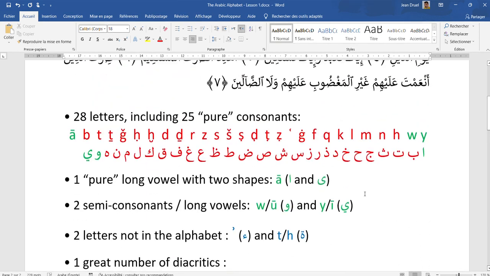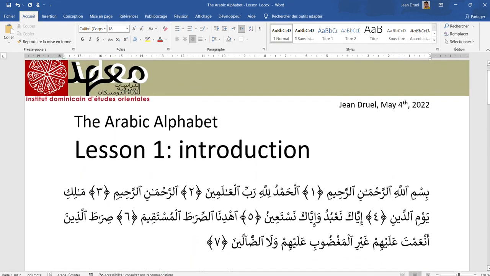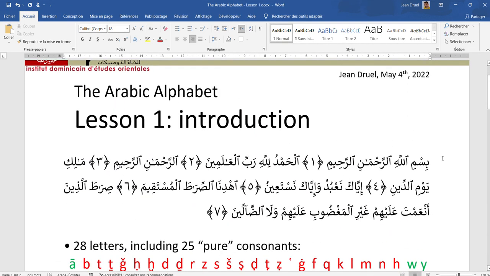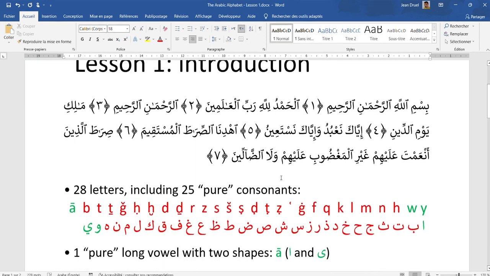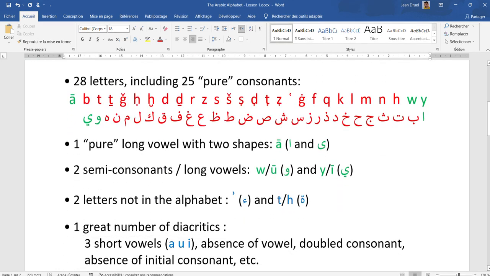So today we had a general introduction to the alphabet. It's written from right to left. Letters are connected, words are connected. We have in the official alphabet 28 letters, including 25 pure consonants and 3 long vowels, 2 of which can be used as consonants, plus 2 letters which are not in the alphabet.